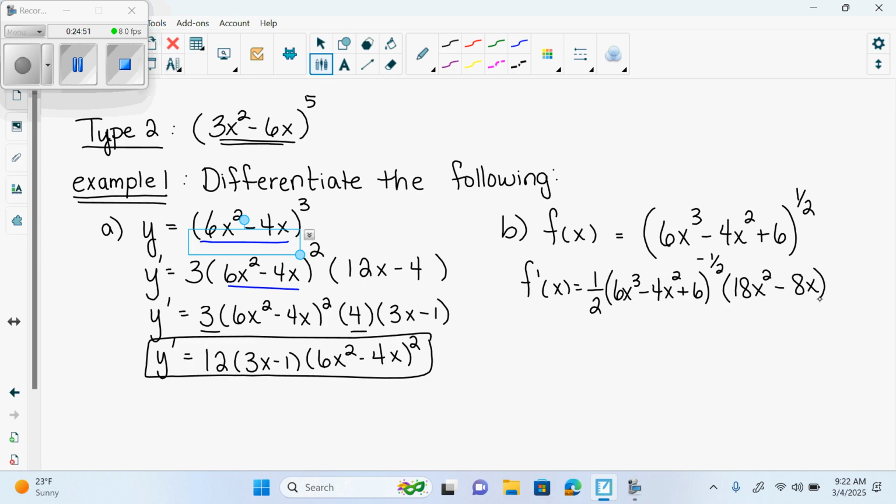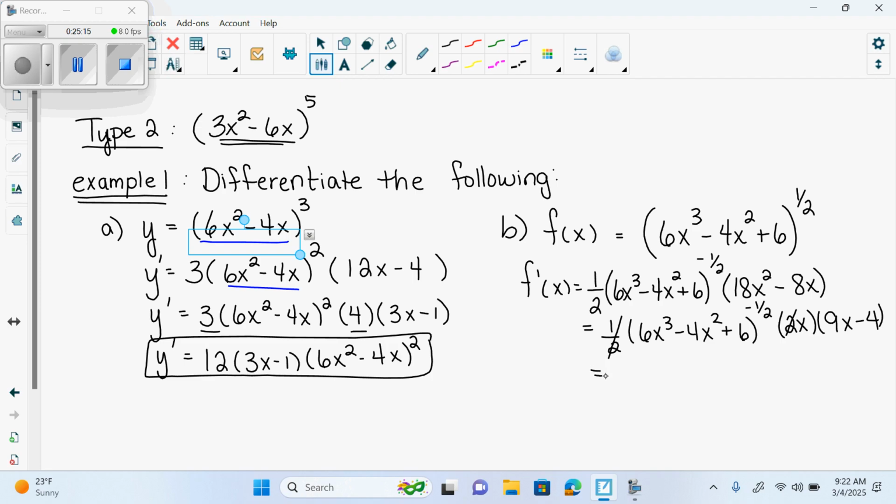So then we're going to take a 2x out. We take a 2x out, and then we're left with 9x minus 4. This 2 and that half cancel.